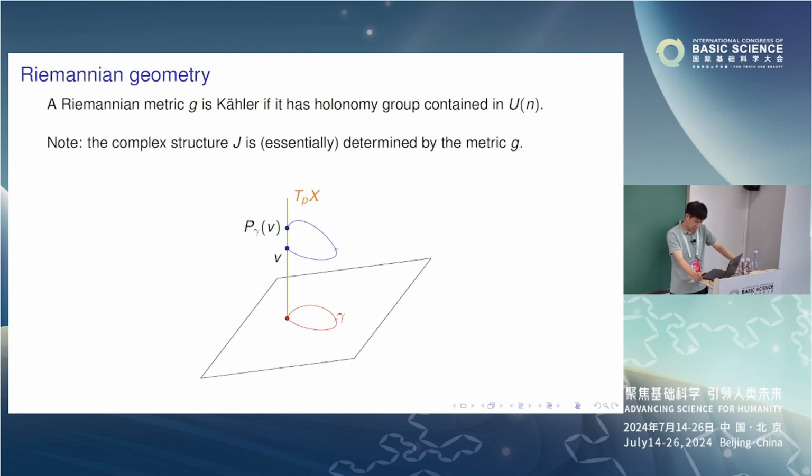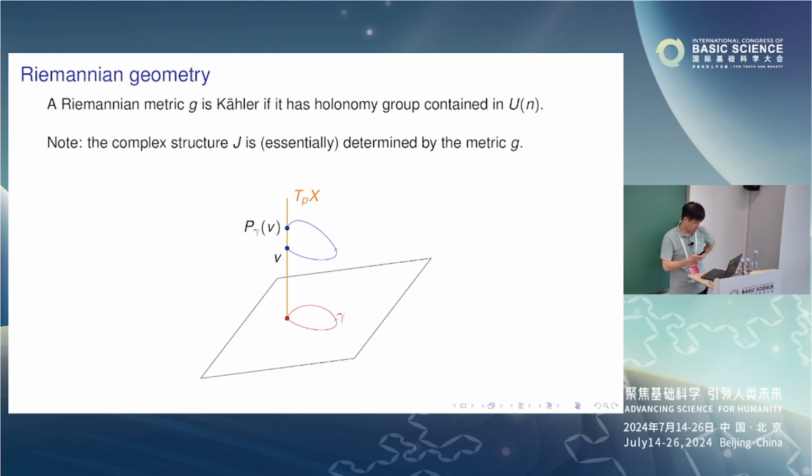You can parallel transport the tangent vector along the loop, so you start with v, and you may end up with a different vector, P_gamma of v. This P_gamma determines an orthogonal transformation of the tangent space.